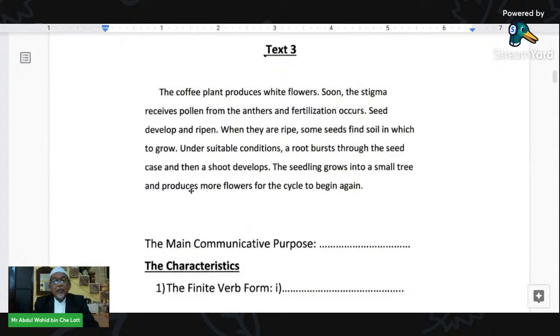Okay, for the main communicative purpose, you can write description natural process.